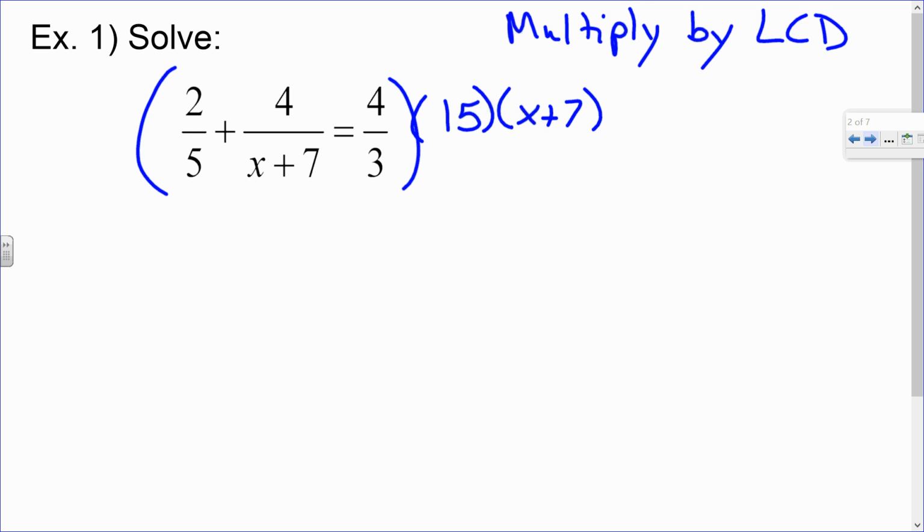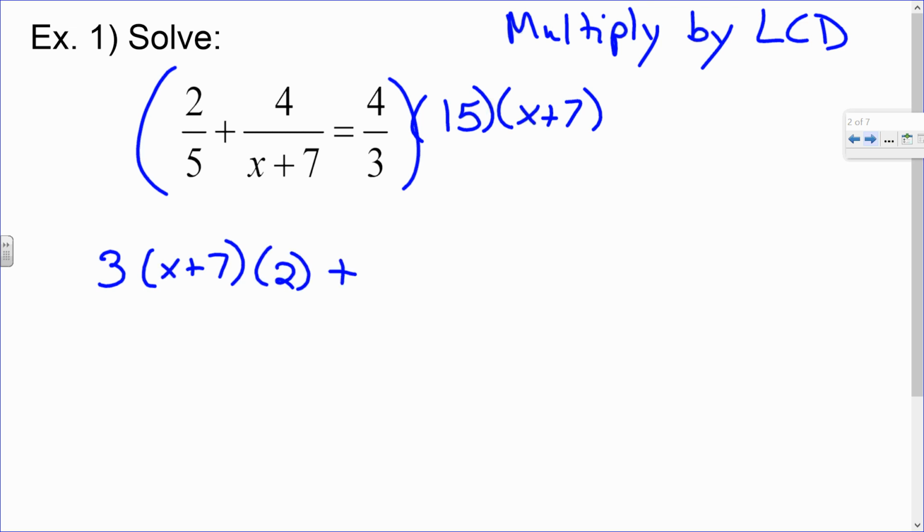So when I take 15 times x plus 7 times the first term, the 15 will cancel out the denominator. 15 over 5 will be 3. I will still have the x plus 7, and I will still need to multiply that by this numerator 2.